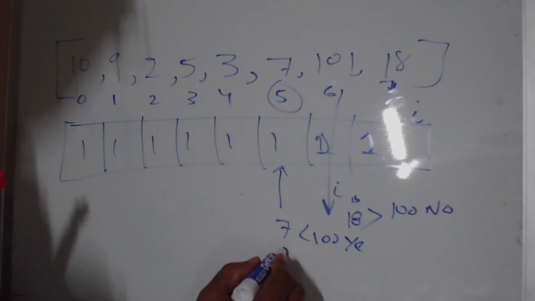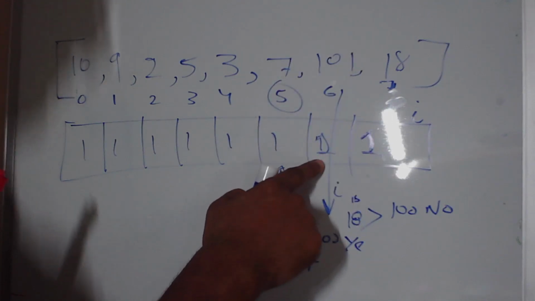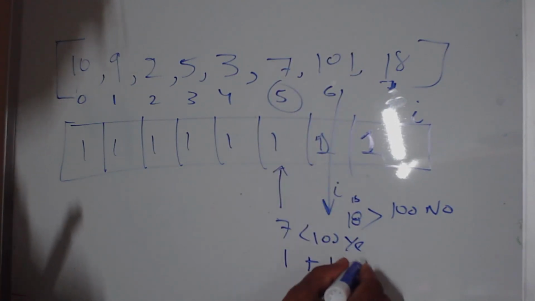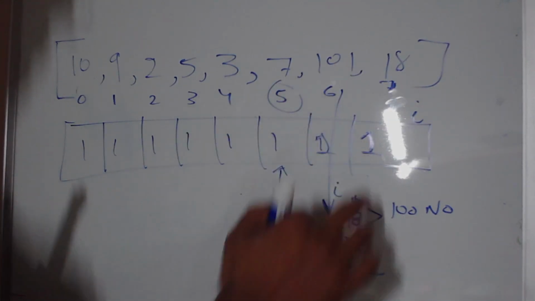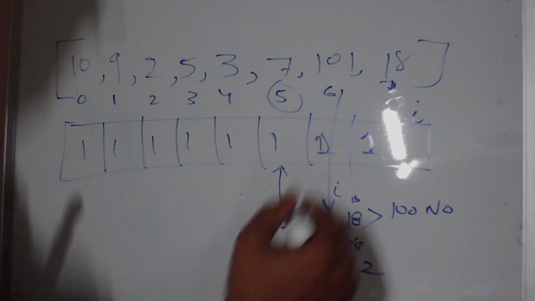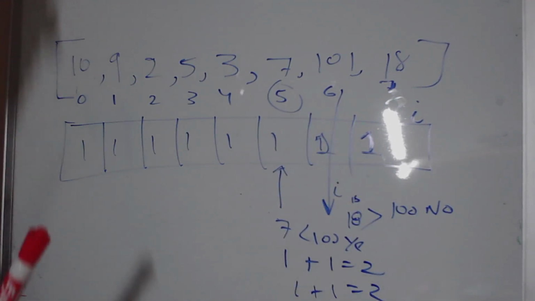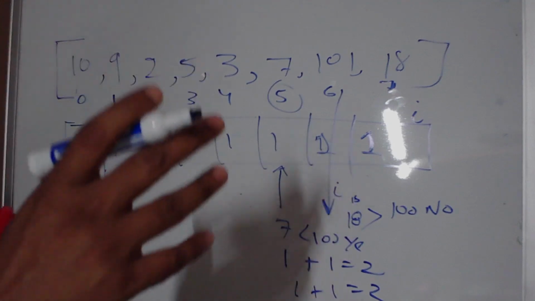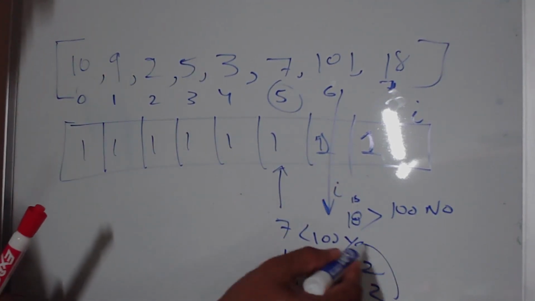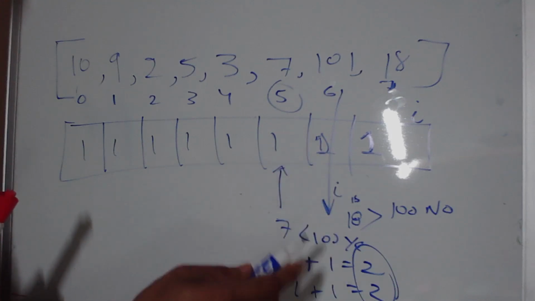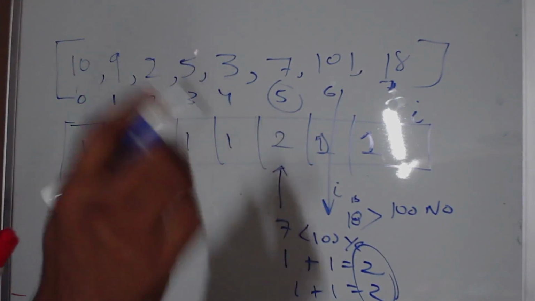This 7 is 1, and for 101 we calculated already, that is 1, so total will be 2. 18 is also larger than 7, so if we consider 18, the length is 1 plus 1 equals 2. Because our question asks for the max length, the max of these two numbers is 2, so our number here will become 2.